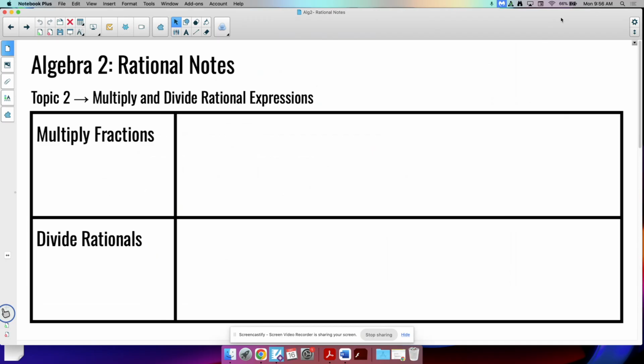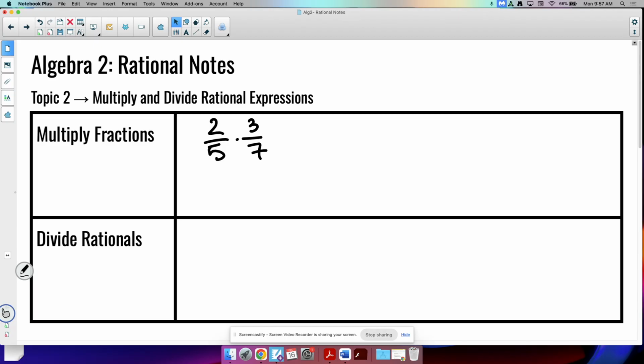Do you guys remember what the process is for multiplying fractions? So if you saw 2/5 times 3/7, how do you multiply fractions? What did you say? 2 times 7, 3 times 5.